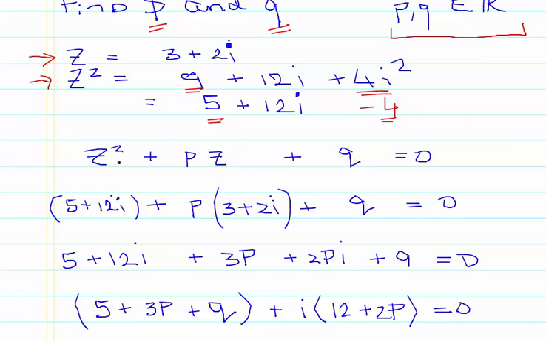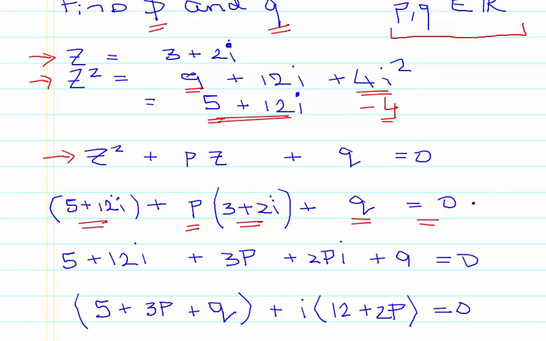Now we're going to substitute that in for z and then find the values of p and q. So we have z squared, which was 5 plus 12i, plus p times z, which is p times 3 plus 2i, and then plus q, and all of that is equal to 0.